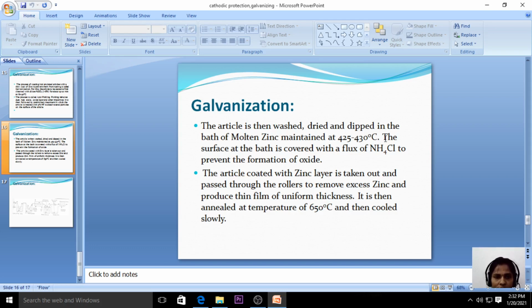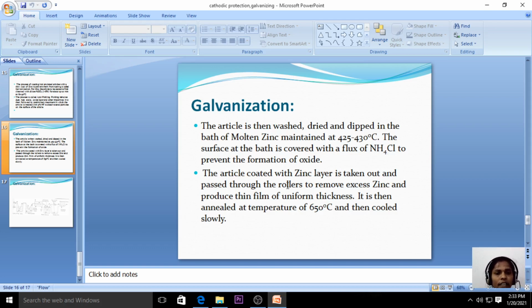This flux is useful to prevent the formation of oxide. That means the ammonium chloride flux prevents further oxidation of the surface metal, so the surface metal does not react with oxygen in the environment.